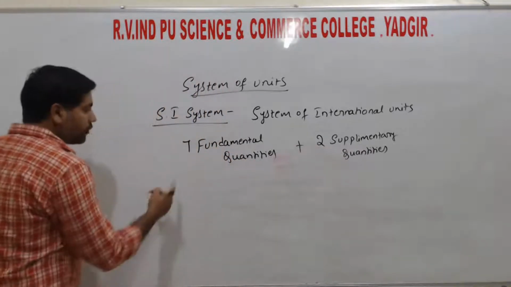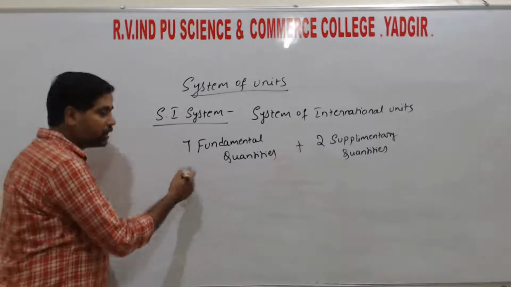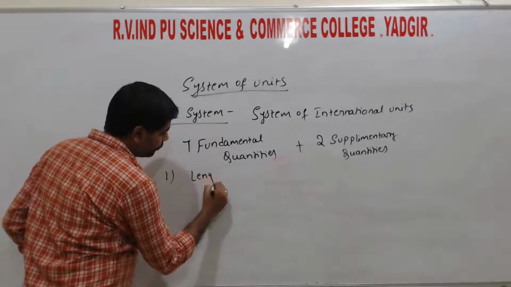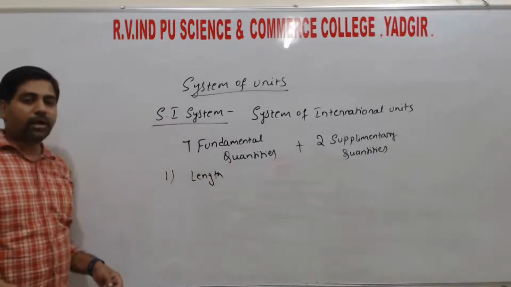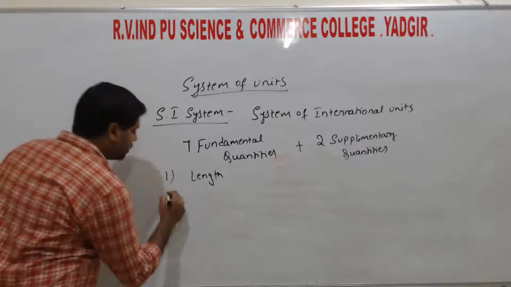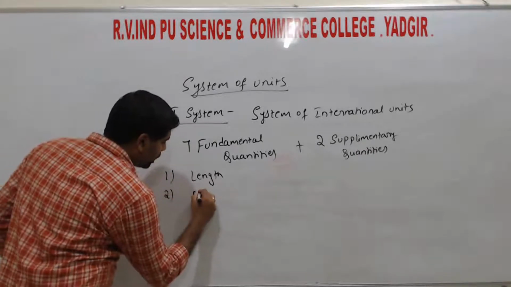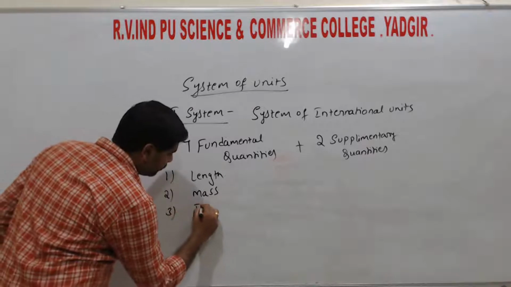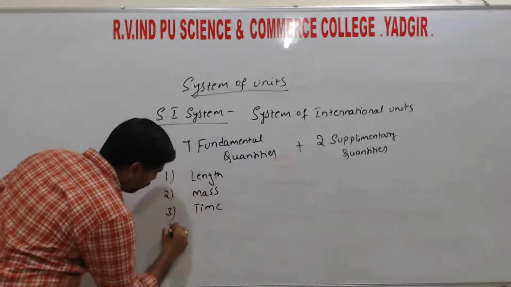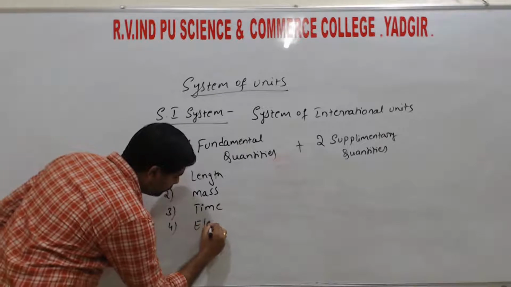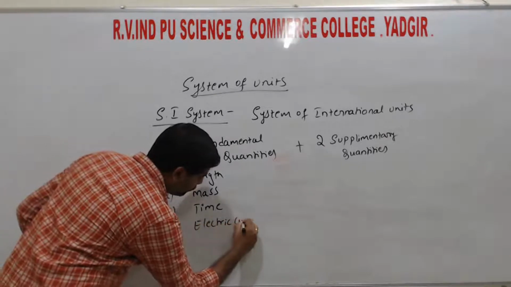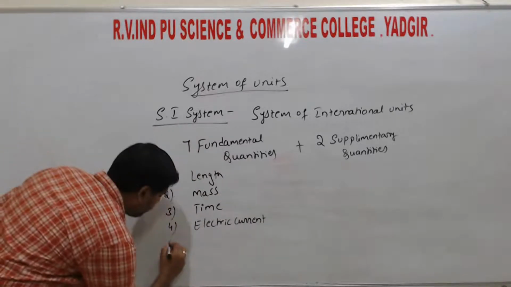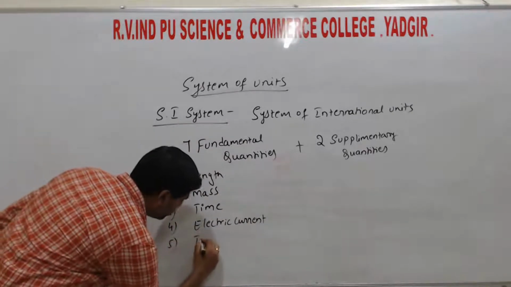So in system of international units, we have 7 fundamental quantities and 2 supplementary quantities. What are those 7 fundamental quantities? The first one is length, second is mass, third is time, fourth is electric current, or simply current. Fifth is temperature.